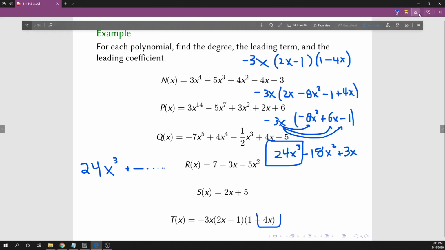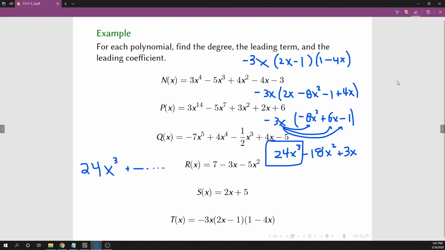I looked at these as three separate polynomials. I looked at this as minus 3x, and that would be the leading term of that one, and then 2x as the leading term of this one, and then minus 4x as the leading term of this one.